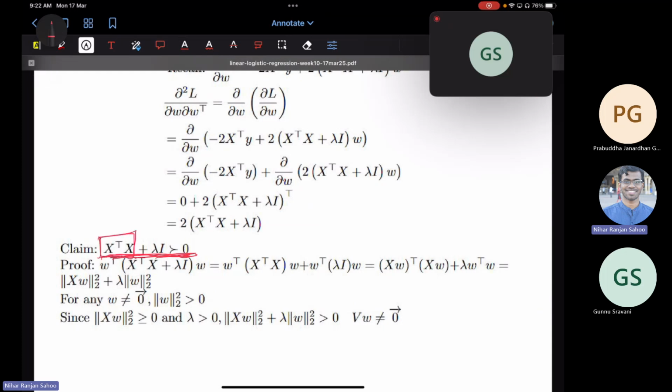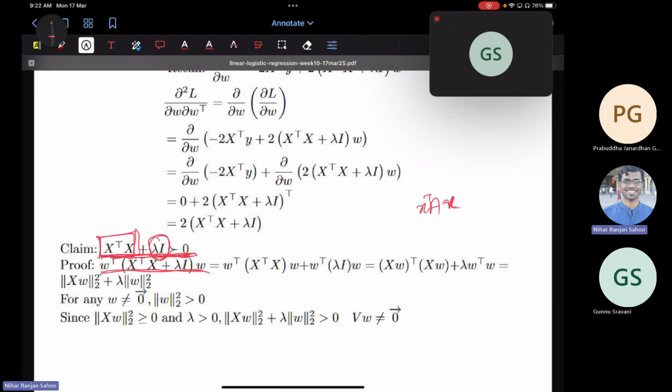This part we know is positive, the 2 norm of X, which is always positive, and this is lambda times I. As I discussed, you have to apply the quadratic form, X transpose AX.